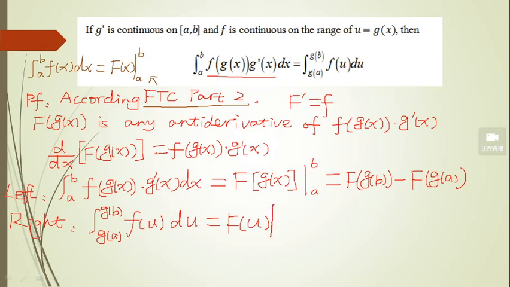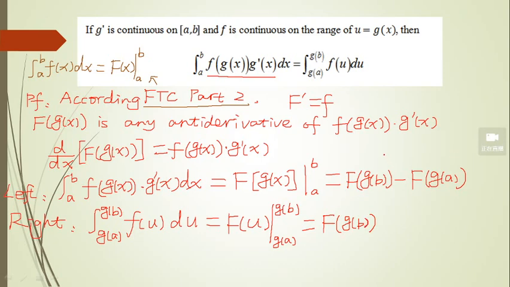And where is my u? My u should be evaluated at g(a) and g(b). So the second part is that the lower and upper limits are based on the independent variable u. Then my u is g(b), so I take the difference when u is g(b). g(b) is just a value, right? How can we get g(b)?